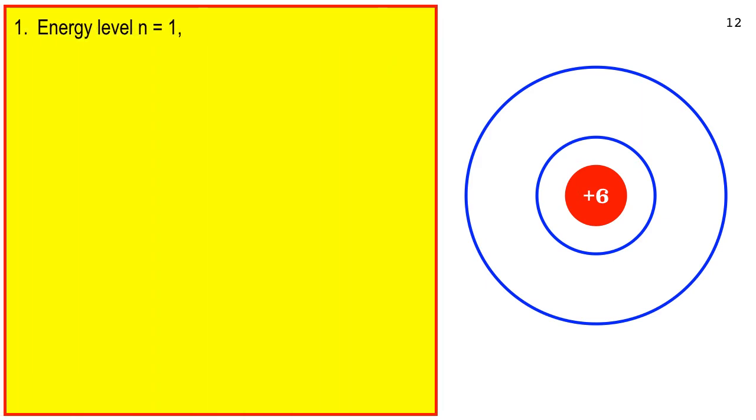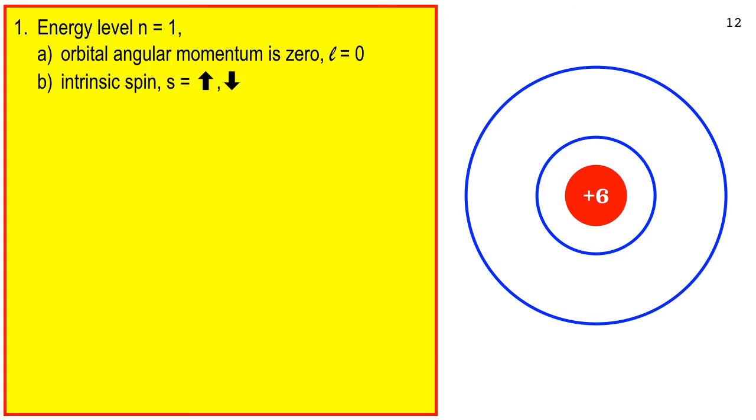So energy level n equals 1. The orbital angular momentum state is actually 0. It's orbiting, but we consider its orbital angular momentum to be 0. That being the case, the intrinsic spin angular momentum of the electrons is either up or down.